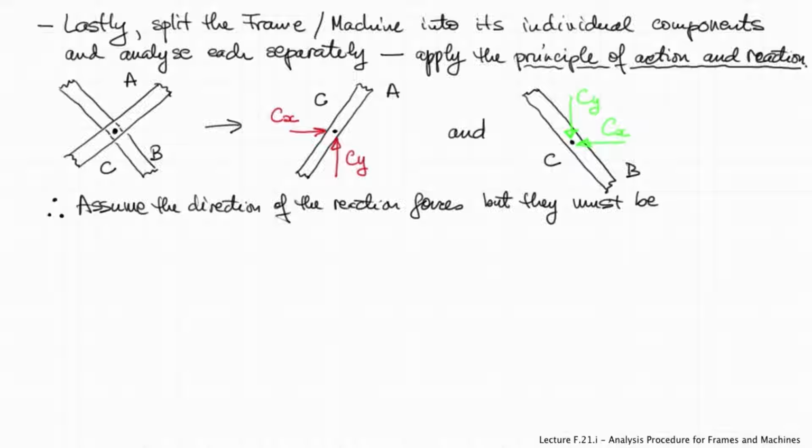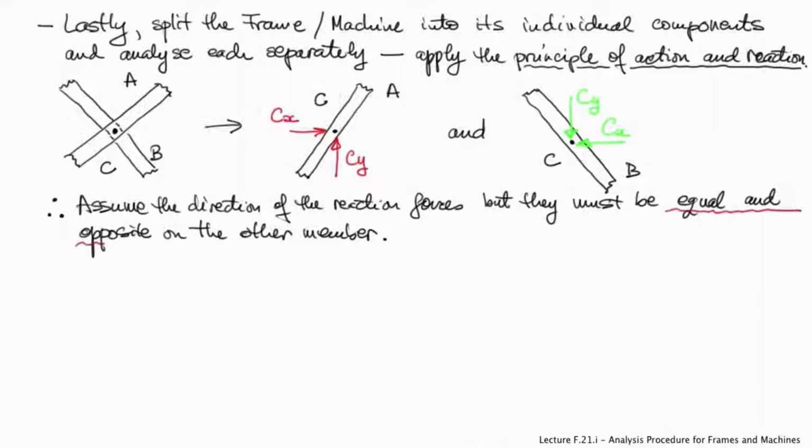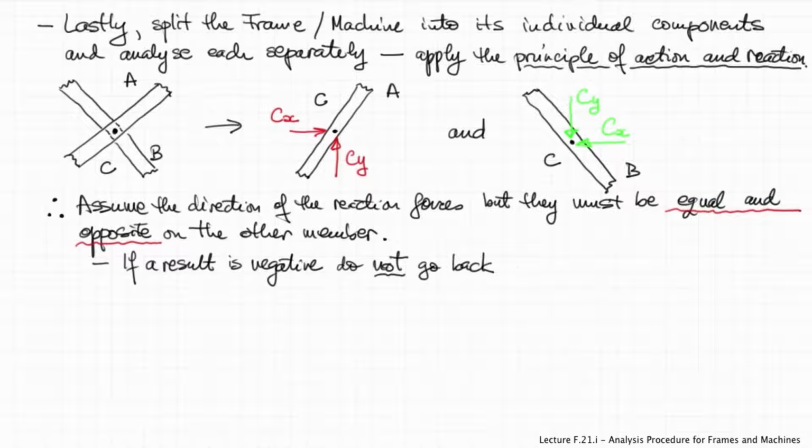So the direction of the reaction forces can be assumed, but that must be equal and opposite on the other member. So we assume the direction because we don't know whether they're positive or negative, but always they have to have opposite signs on the two members that were split.